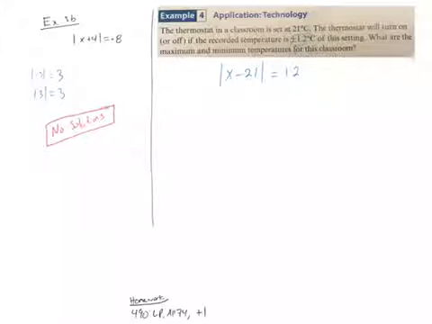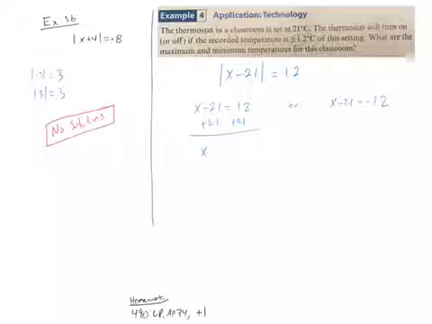So over here, I'd say x minus 21 is equal to 1.2, or x minus 21 is equal to negative 1.2. So all I need to do is solve both of these, so I'll add 21.